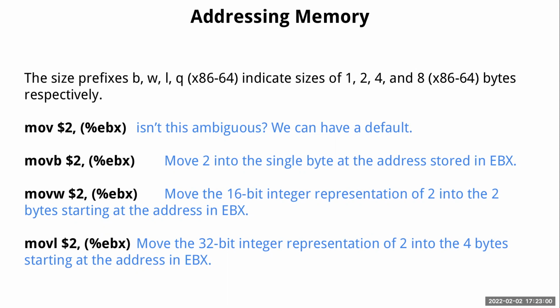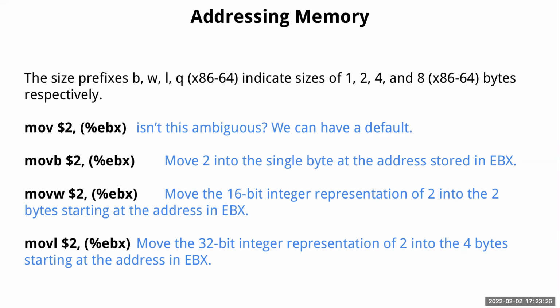That's why you may use instructions that explicitly say how much data they are actually moving. So that's why I say here, this is move B, the B is byte. Okay, byte is one byte. There is W, that is a word, which is 2 bytes.